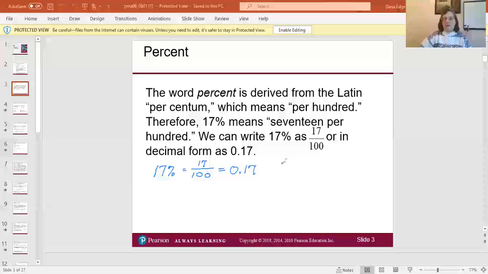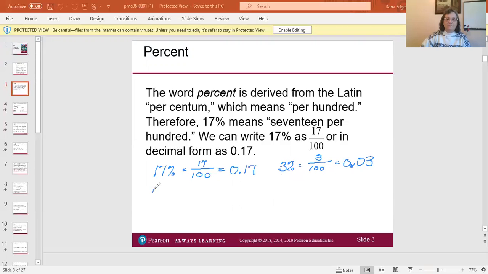If you have 3%, that is 3 out of 100. So it's 0.03. If it's under 10%, there's going to be a 0 between what used to be the percent and the non-zero digits. There's going to be a 0 there because it's less than 10.